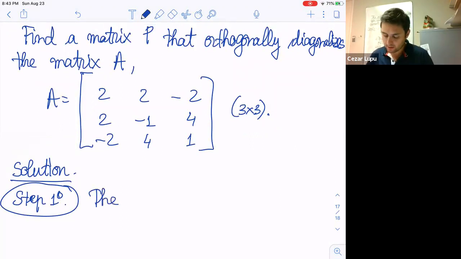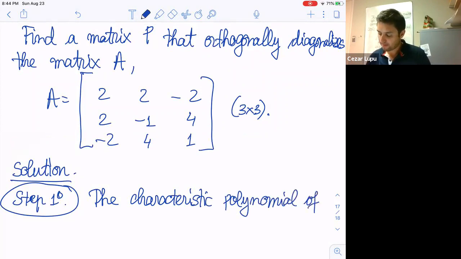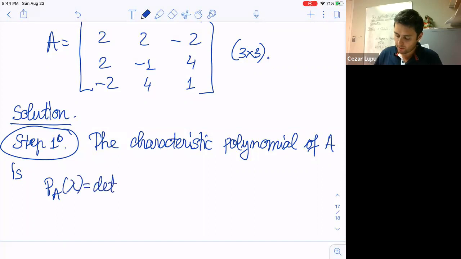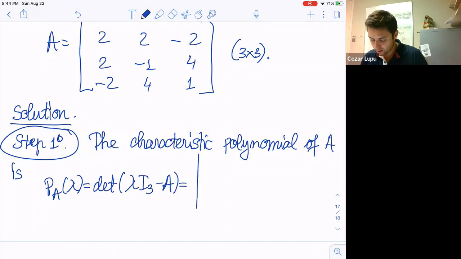So the characteristic polynomial of A is given by p_A of lambda, the determinant of lambda times the identity minus A. In fact, I'm just going to write it directly. I don't want to lose time with this.